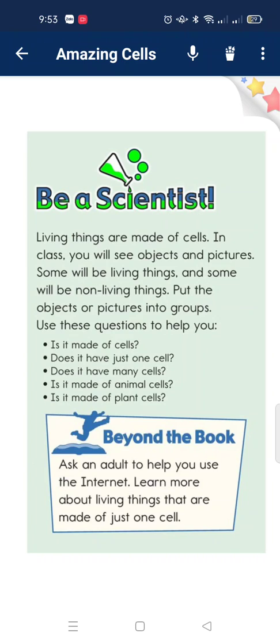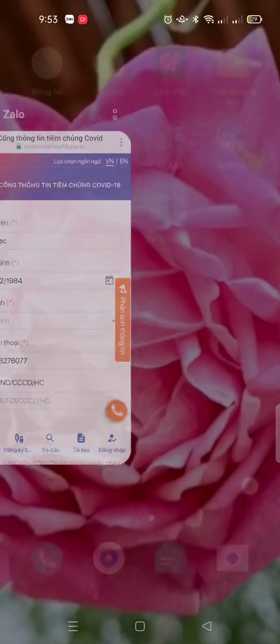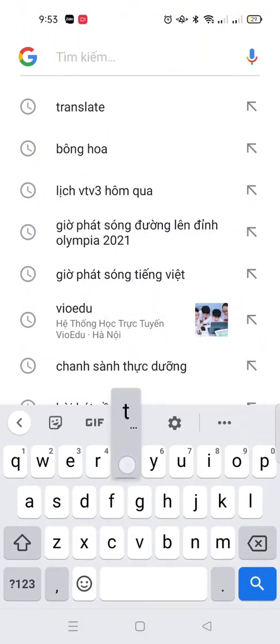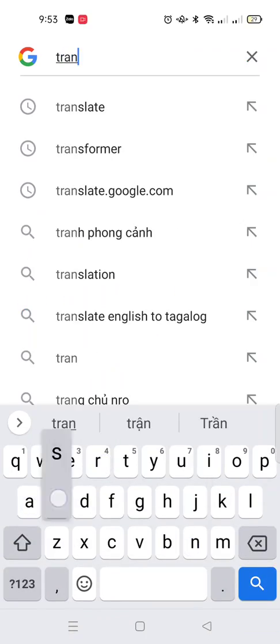Now, beyond the book. With an adult, use the internet to learn more about living things that are made of just one cell. Oh, I know what living things are made of just one cell. I have learned biology, and I know that.